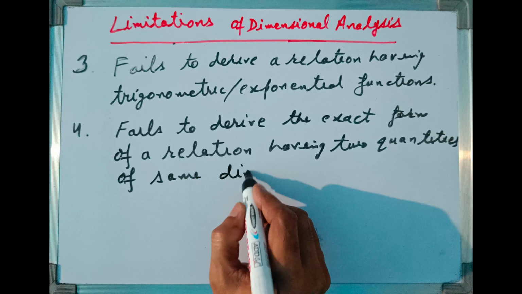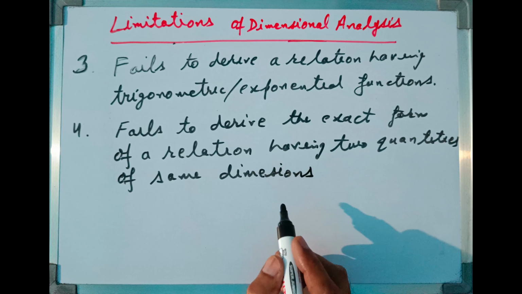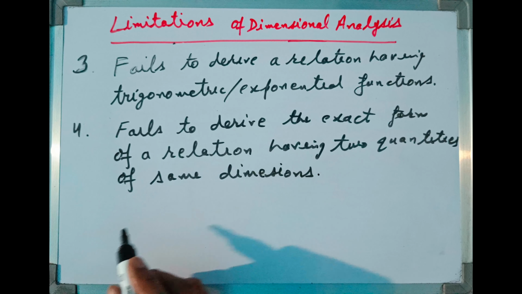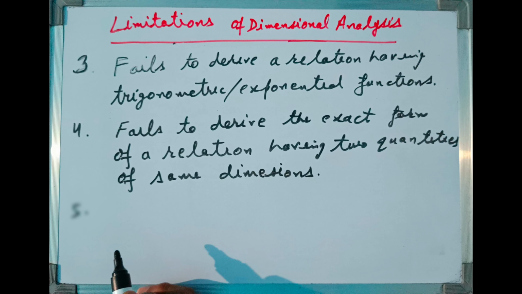This is another drawback in this method. There are some quantities which have different definitions, different meanings, but their dimensions are same. So this method does not give us the exact form of the relation.